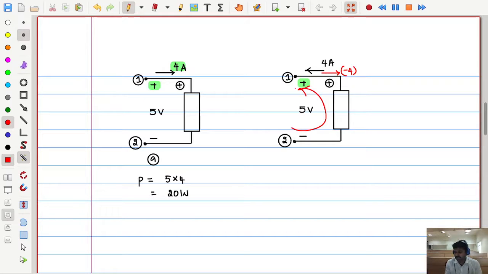So the power of this element is 5 volts, the same voltage, into current minus 4, which is equal to minus 20. This represents that this element is supplying the power.